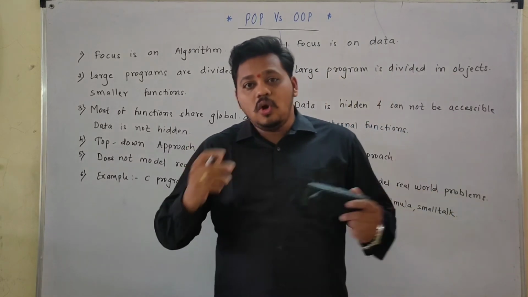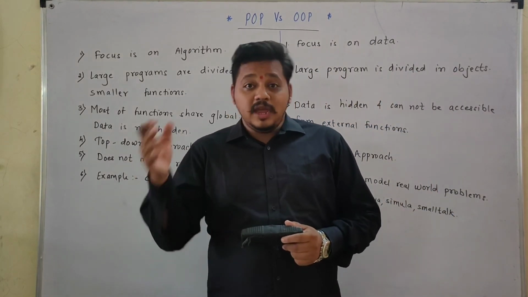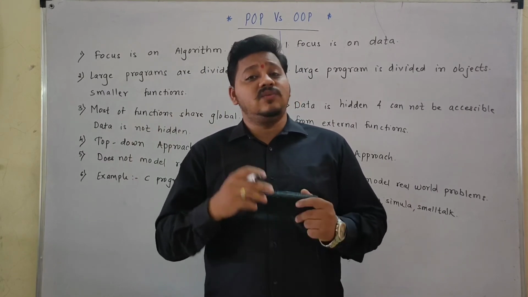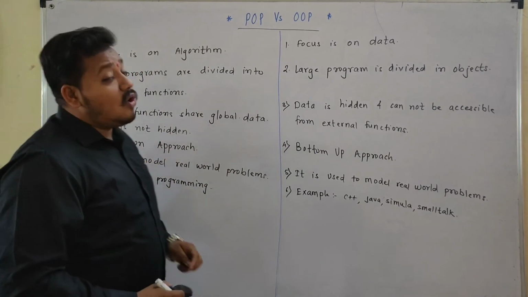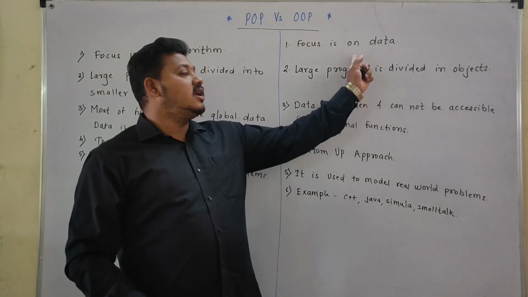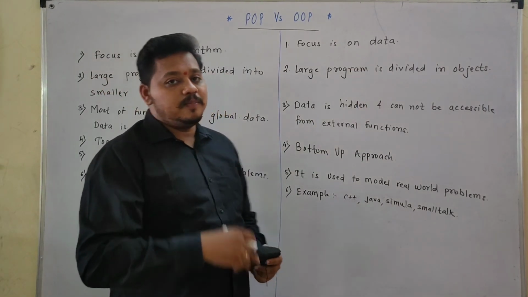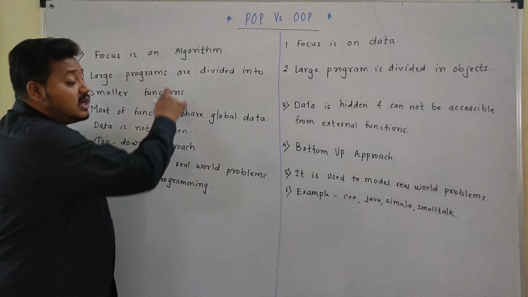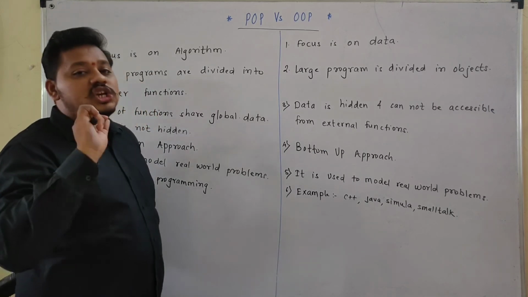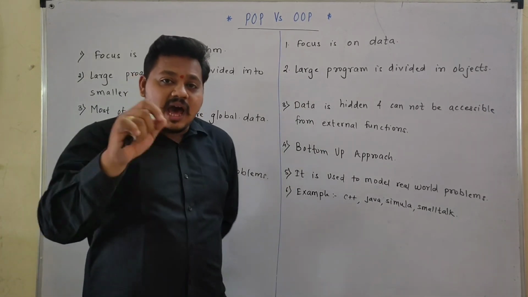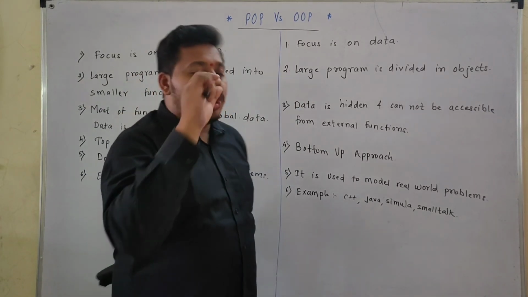So this is the overall difference between POP and OOP. We will revise it once again. What is the first difference? The first one is that in POP the focus is on algorithm and in OOP the focus is on data. The second difference is that in POP the large program is divided into smaller functions and in OOP the larger program is divided into objects.